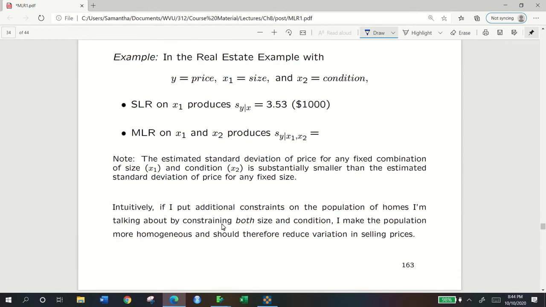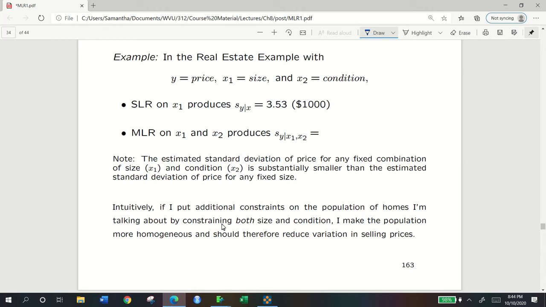And so now at this point we can start taking a look at this in an example format. So in our real estate example, where our response is price and our two predictors are size and condition, our simple linear regression model on size produced a sample standard deviation of 3.53.